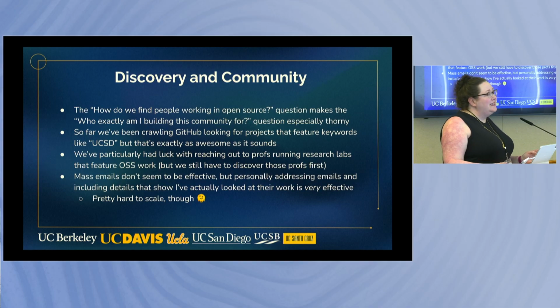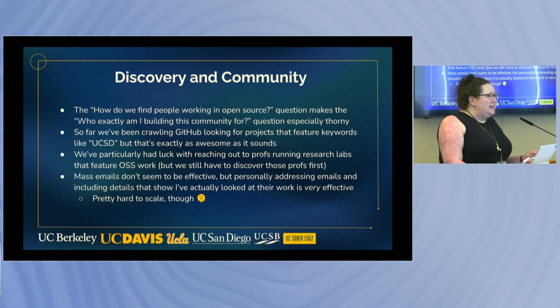Looking for UCSD or UC San Diego, University of California, San Diego. Yep, and that's cool. But we've had some good luck with reaching out to professors who are running research labs, but we have to find out who they are first, because it's not just all research labs. It's like research labs where the work features something to do with open source.